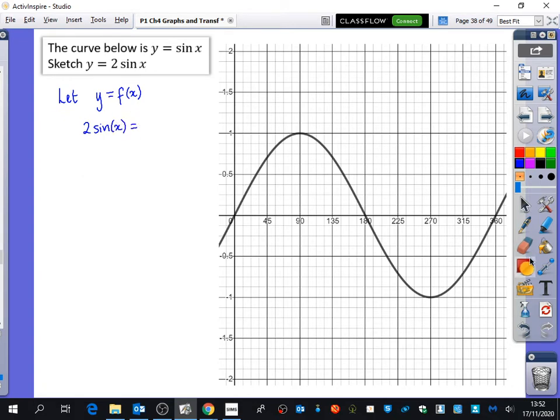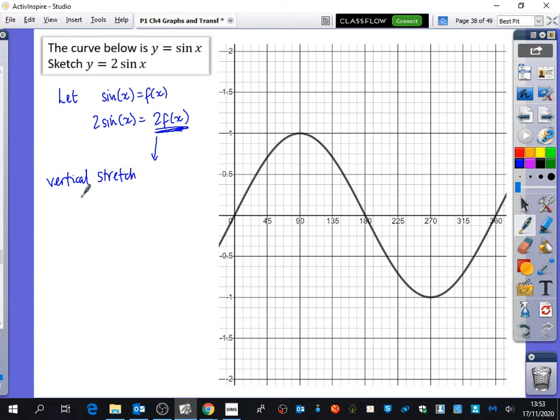Now, hang on, maybe I should have said, I'm going to slightly rephrase that. I'm going to say let sine x equal f of x. So what would 2 sine x be equal to? 2f of x. Now, 2f of x, we know, is a vertical stretch.